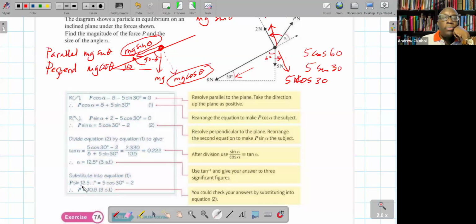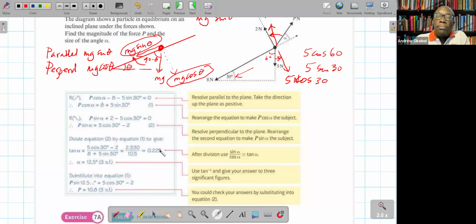So they used equation 2. And they know everything else except P, and then you can find the value of P. And what you do sometimes is take the value of P you've got here and put it back into the other equation you didn't use to make sure that it's still true. Once you found that it's true, then you know you have done it correctly.